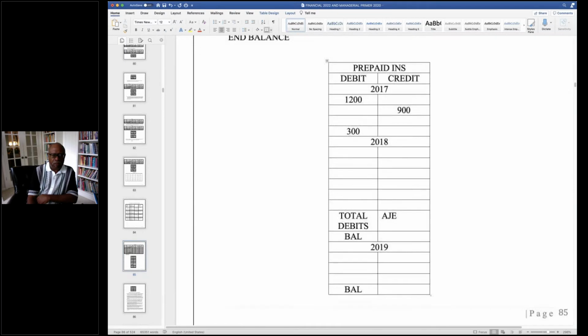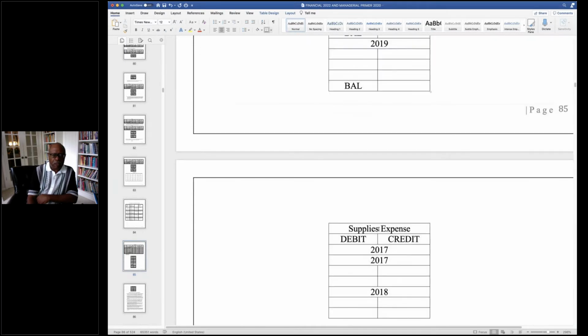We go to the insurance expense account now, and we're going to put the 900 here. And eventually we're going to close it out.